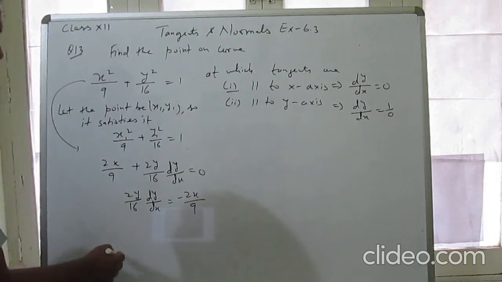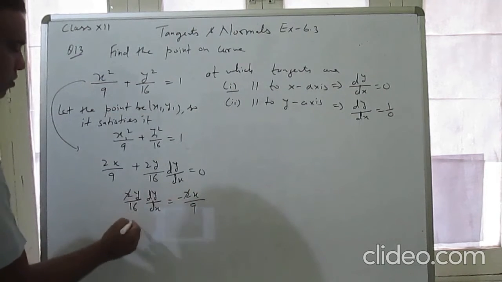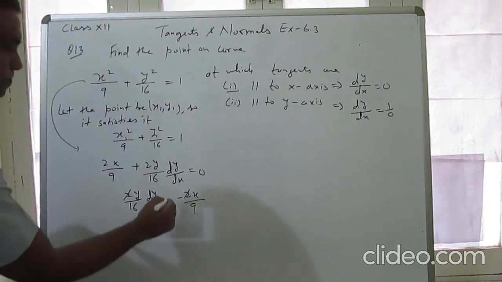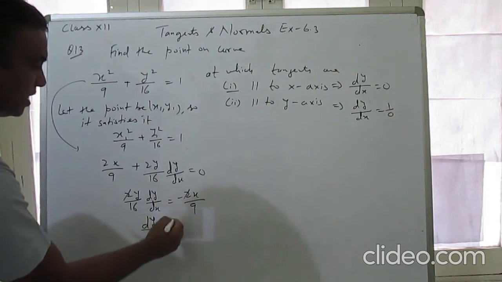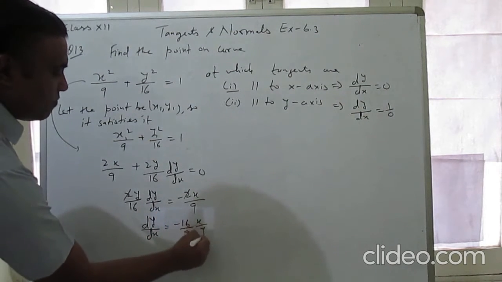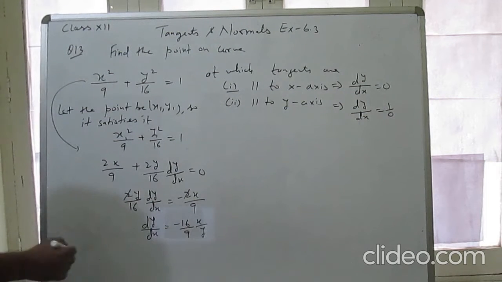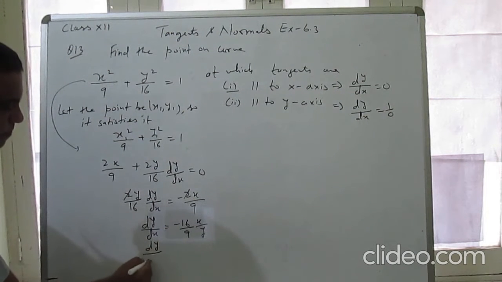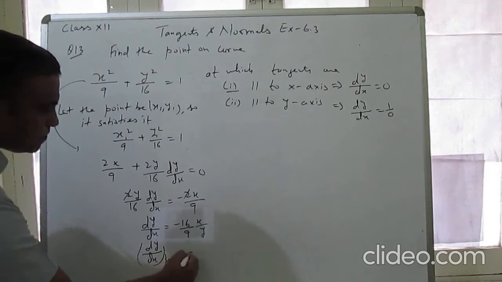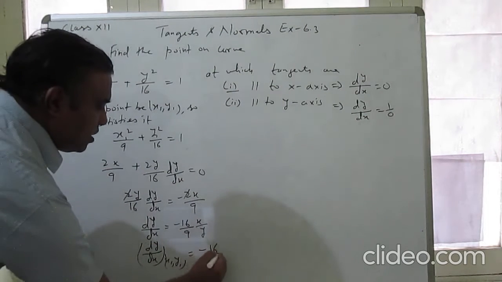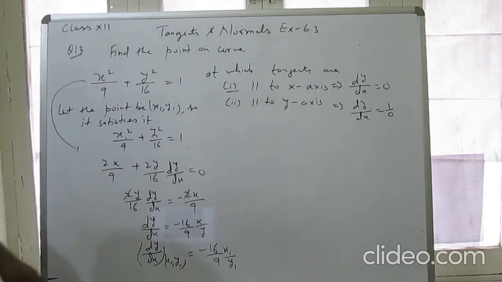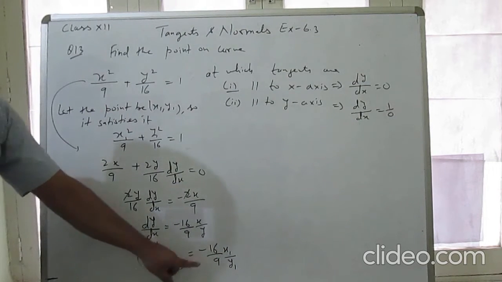So what is the value of dy by dx? 2 and 2 cancel out, so finally dy by dx is equal to, 16 goes to the other side and y comes down, minus 16 upon 9 x upon y. This is dy by dx. So dy by dx at x1, y1 is minus 16 upon 9 x1 by y1.